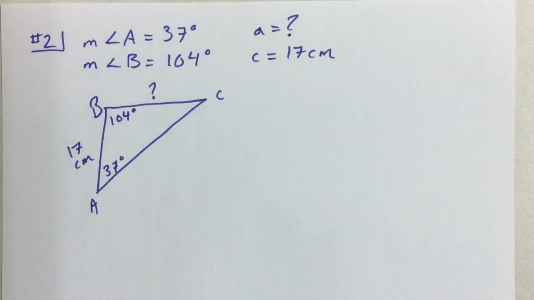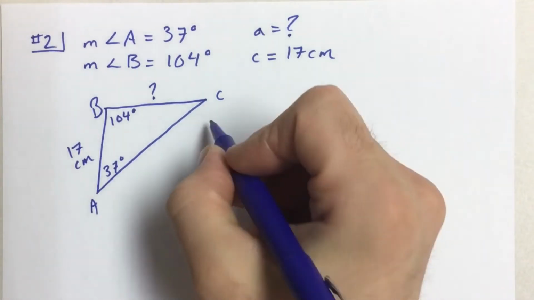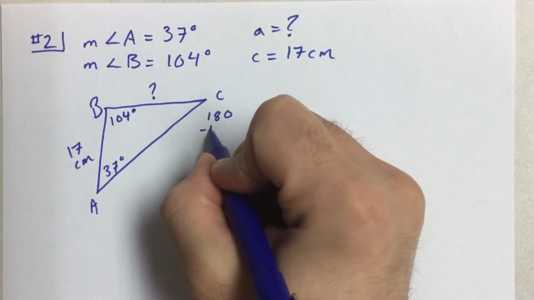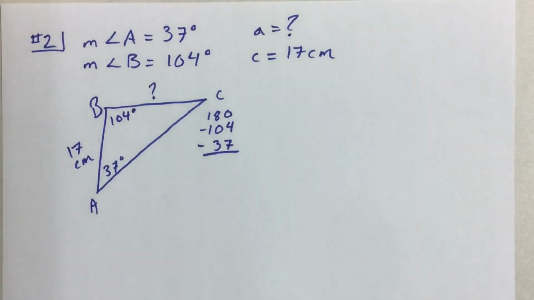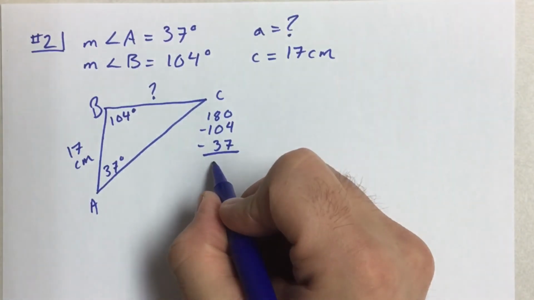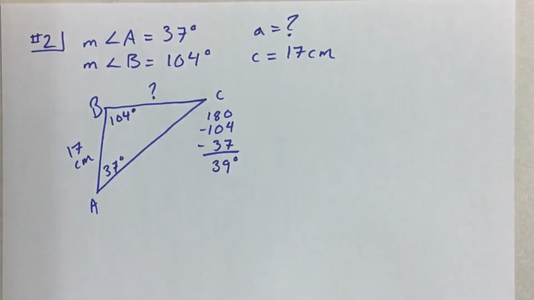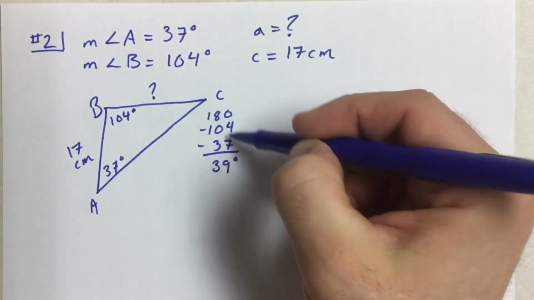That was tip 1. Tip 2. Find that third angle measure. And when we find this third angle measure, we find that it is 39 degrees. Because this would be 141.